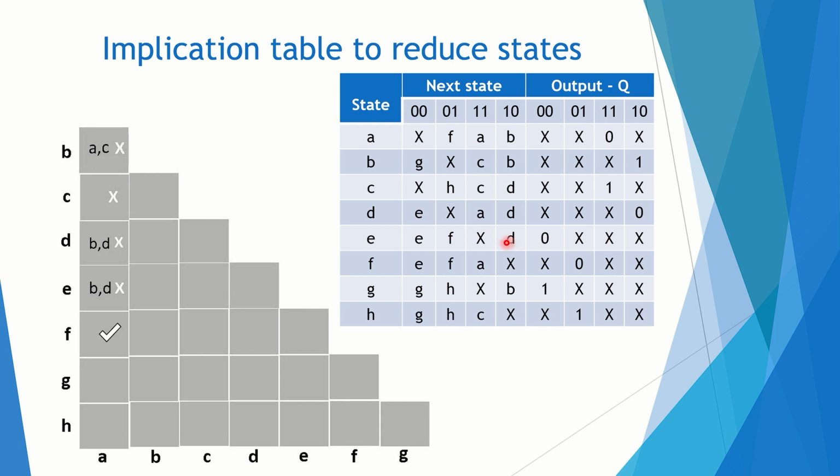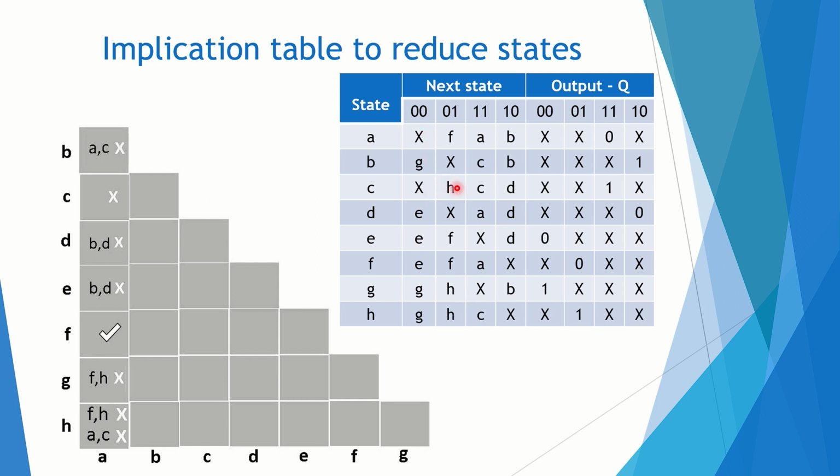Then AF, that is AF is equivalent, so we put a tick mark across it. Then AG, you can see it is not equivalent. FH and AC, because of FH and AC, it is not equivalent.